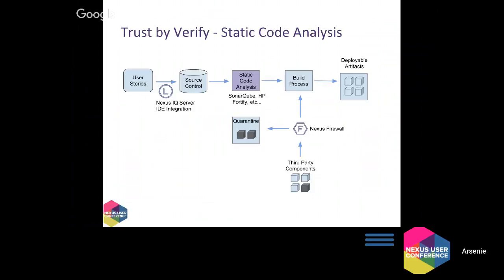So Nexus Firewall allows you to configure which components are allowed, to enforce the policies that your organization set up, and prevent bad components from getting into your organization, prevent them from getting into your software.